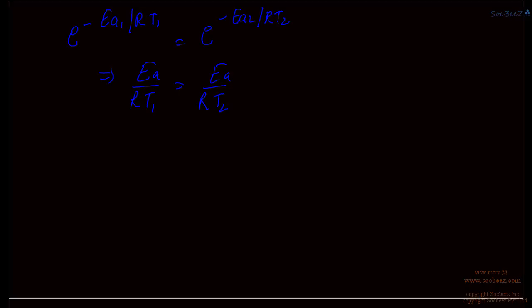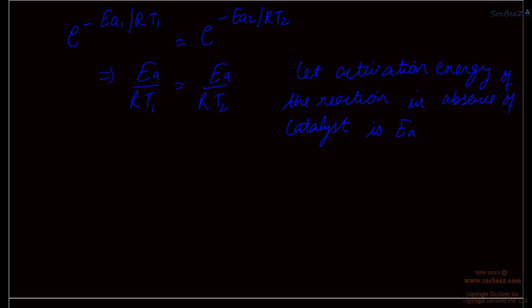Now let the activation energy of the reaction in the absence of catalyst be EA1, and in the presence of catalyst it is lowered by 20 kJ per mole. So from here it is EA1, here it is EA2.